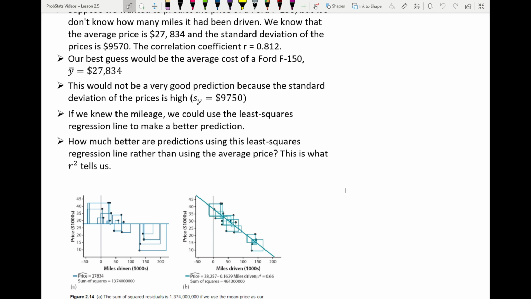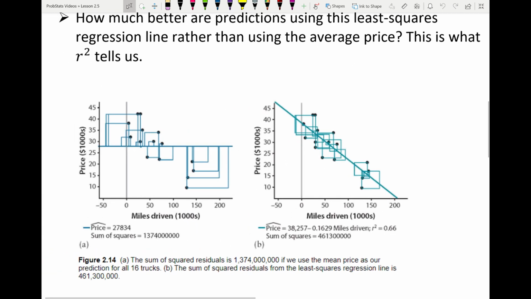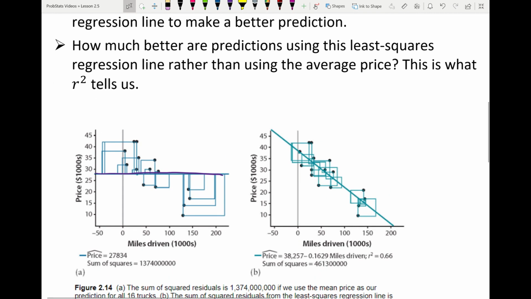So how do we go about calculating this? If we look at the two graphs below, on the left we have the average price of a Ford F-150, which we said was $27,834. Now, if we use the average price as our guess for the price given any number of miles driven, because we don't know what that is, then we can calculate the residuals by taking each data point and subtracting it from our average guess, which is 27,000.